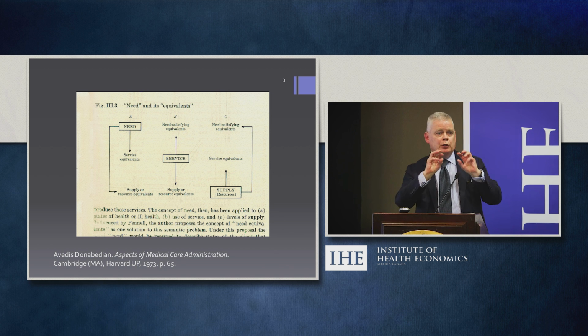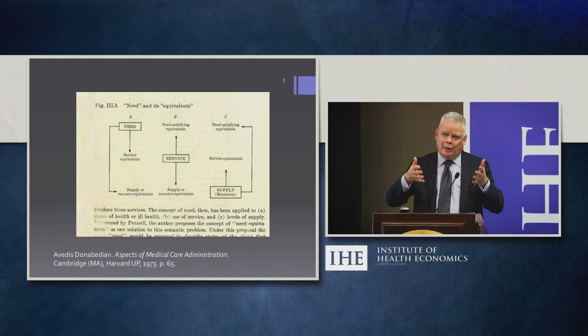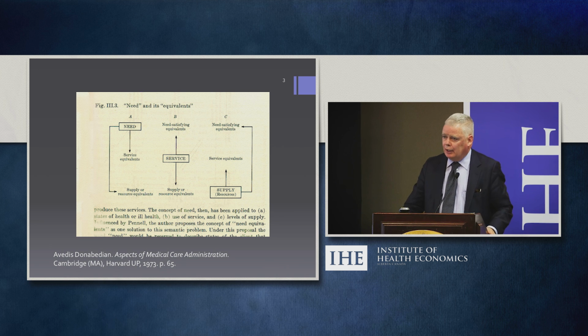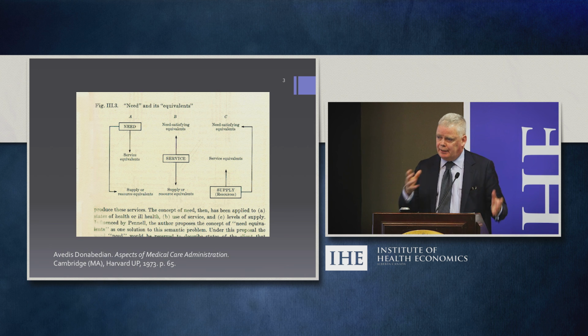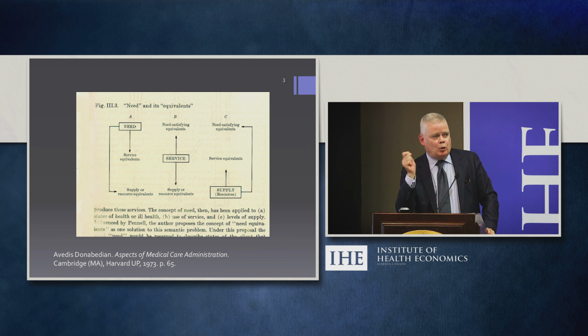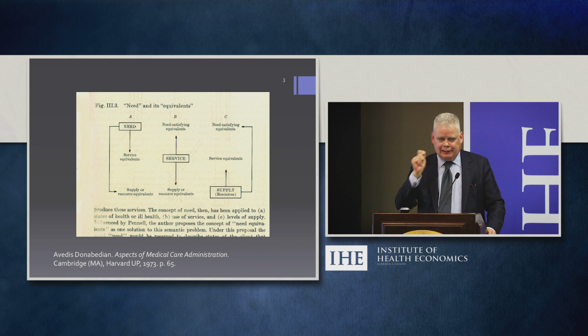This is our particular lens. When I say I come to health care and to health policy with a particular lens, my lens is that one. How could we actually make sure that we have some form of balance between needs, services, and resources?